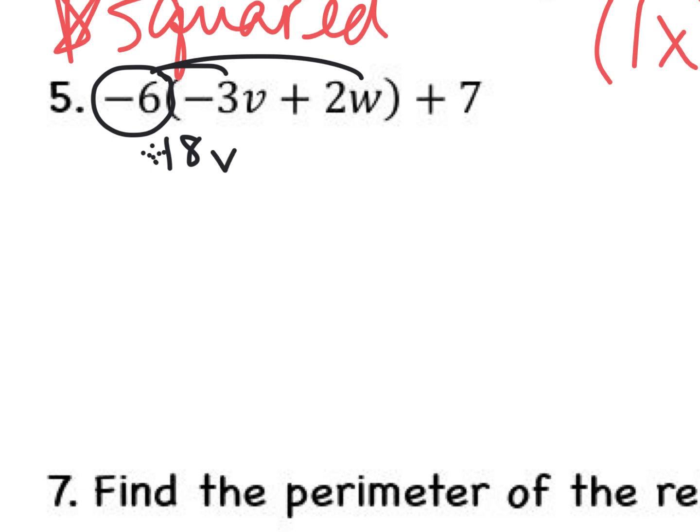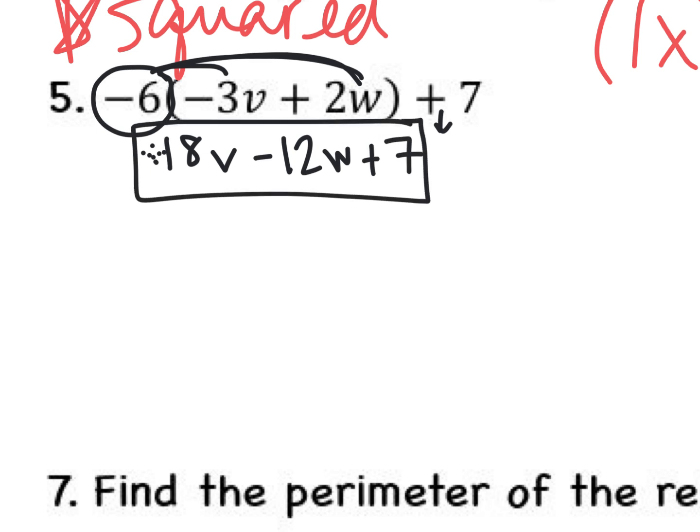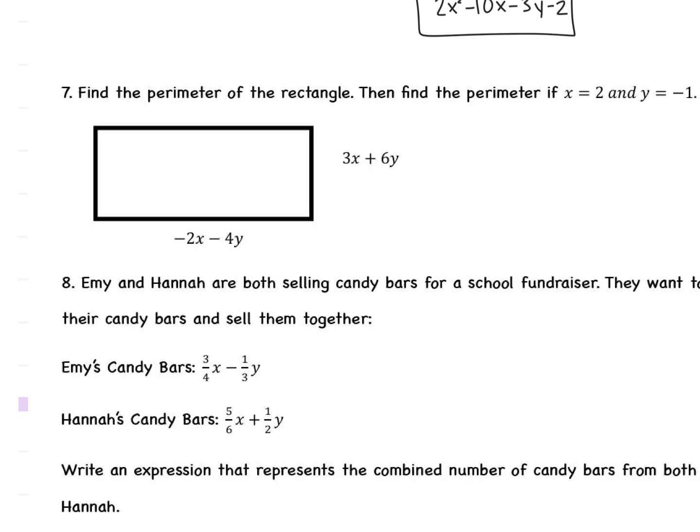This one is not a variable times a variable. And then we have the negative 6 times a positive 2 is a negative 12 with the w. That 7 is not in the parentheses, so we're just going to bring it down, and none of them match, so we're finished.